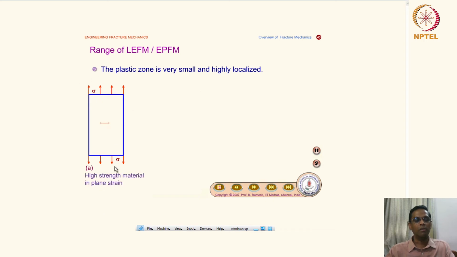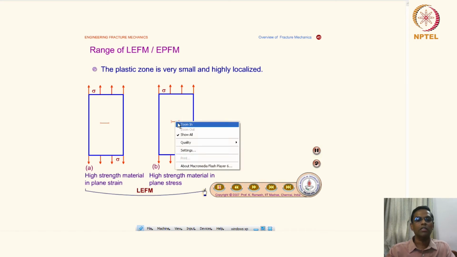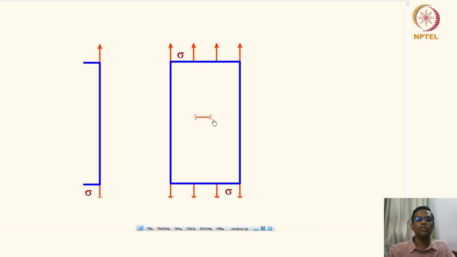So this is a nice schematic where the high strength material in a plane strain condition, and you see the crack which is there, and you can also see the high strength material in a plane stress condition. In these two scenarios, LEFM is applicable, where the plastic zone is very small and highly localized. You can see that. I can just show it in a zoomed manner. So you can see that very small plastic zone.